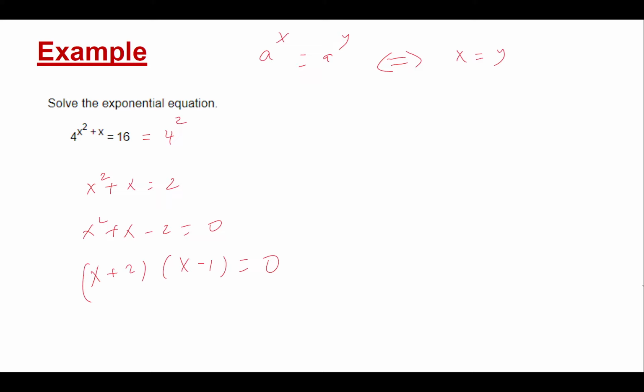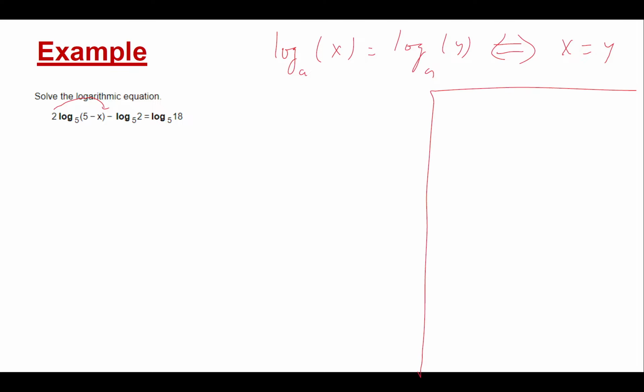Is that right? Okay, x squared plus 2x minus x minus 2, yeah, that's right. So x is equal to negative 2 and x equals positive 1. These are the two possible solutions for this equation. If you put 1, that will be 16. If you put negative 2, that will be again 16. So these are the two possible solutions.